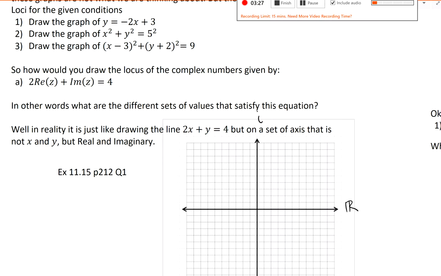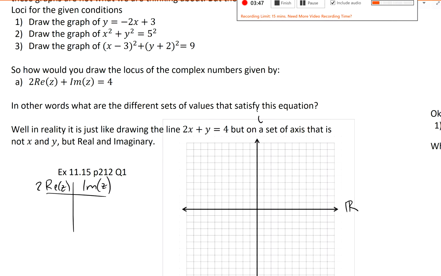Okay, so let's come up with some points. Almost like, rather than it being an x and a y table, it's like a real part and an imaginary part. All these two have to do is add up to 4.